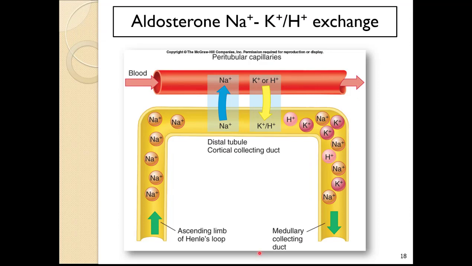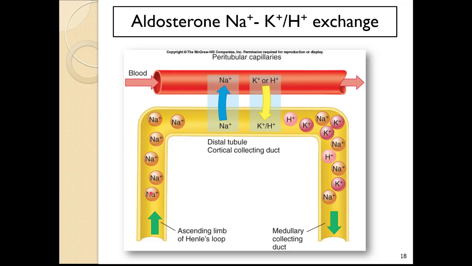Now, this picture is just a very simple picture showing the exchange of sodium for potassium, or potentially sodium for hydrogen, between the filtrate of the urine and the blood. So I'll just describe this real quickly. Basically, this yellow part down here represents the distal convoluted tubule, and possibly you can see here the part of the collecting duct and part of the loop of Henle that participates too, but I prefer just the distal convoluted tubule.